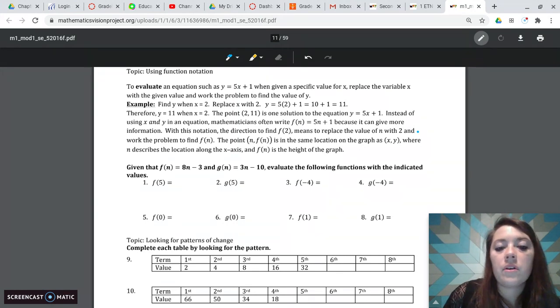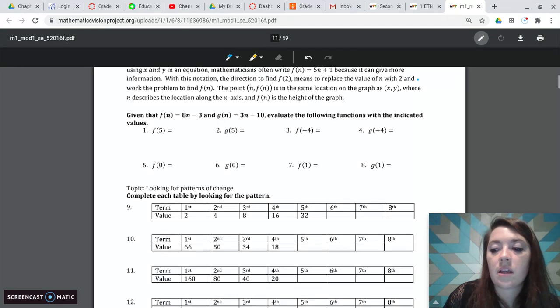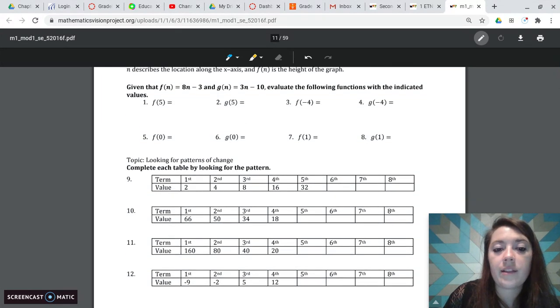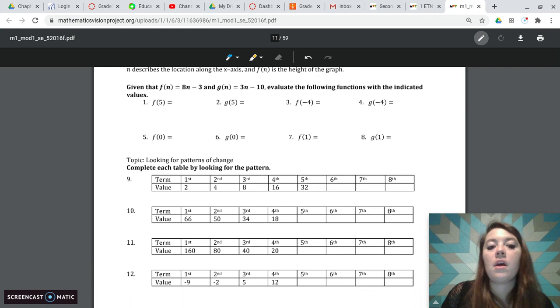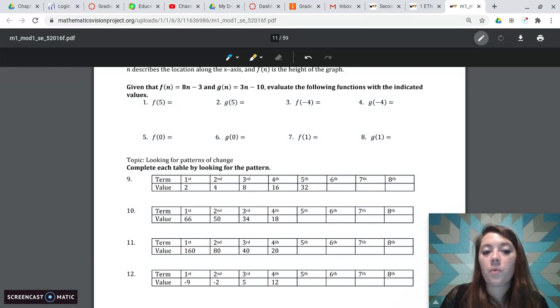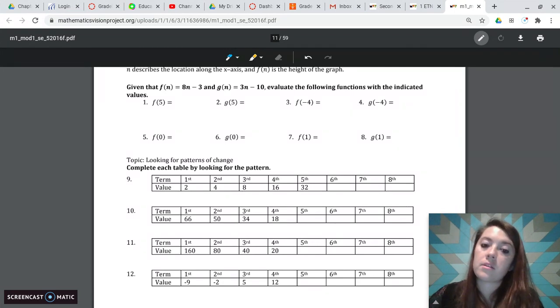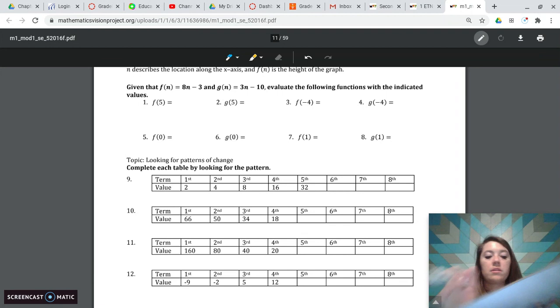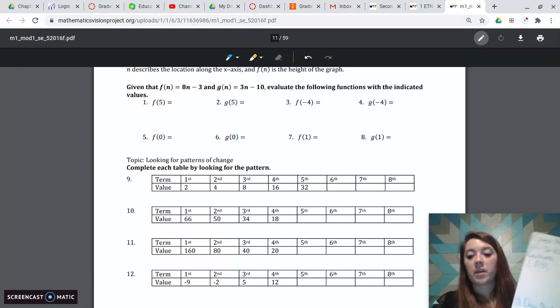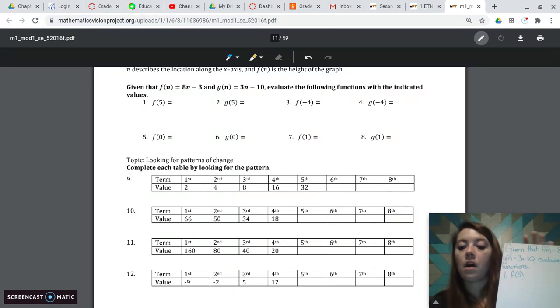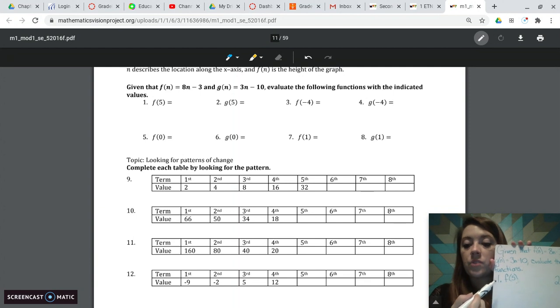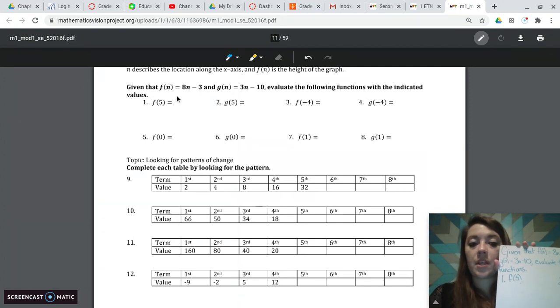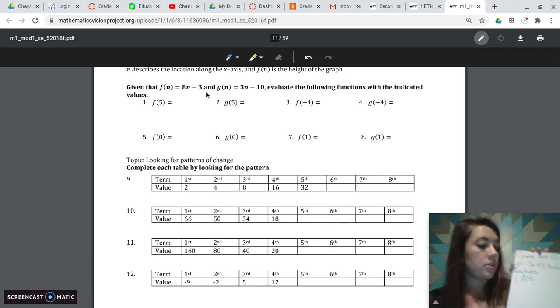Okay, so we are going to look at problems 1 and 2, just so you can see them both. For number 1, it's saying f of 5 equals what? Well, in order to do this, I've got it on my whiteboard, and I'm going to make myself bigger here in just 1 second. Because it is using the f for the function, that means we're going to use the 8n minus 3.